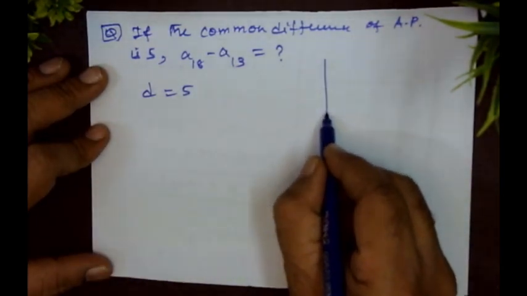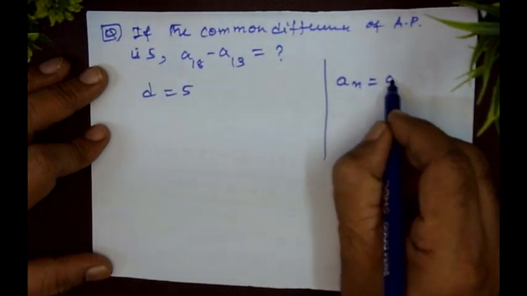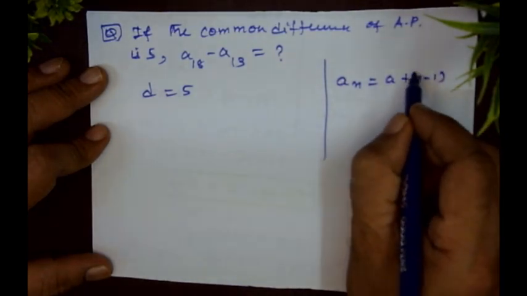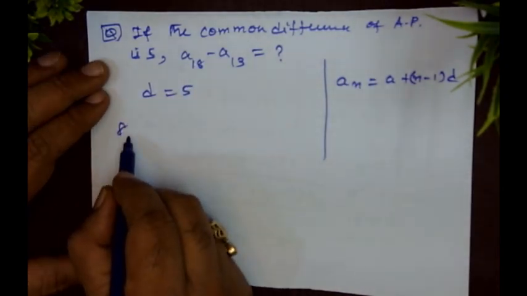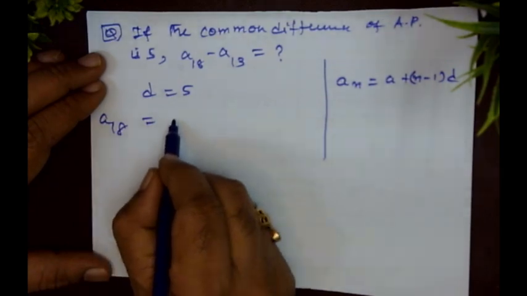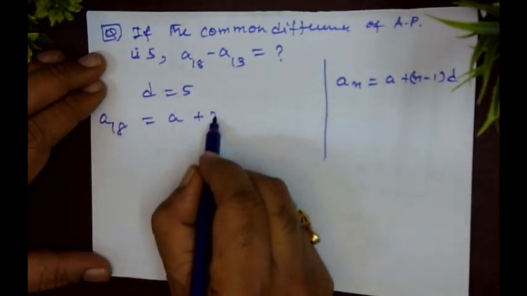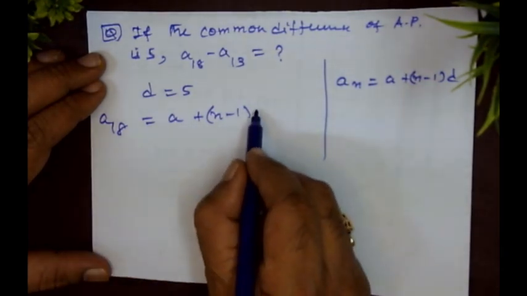So we know the formula, that is An is equal to a plus n minus 1 into d. So a18 is equal to a plus n minus 1 into d.